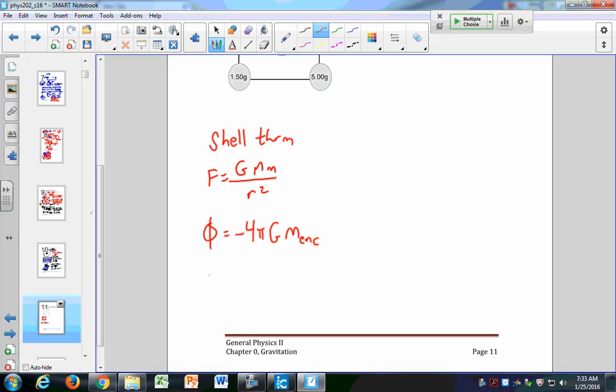We also define this flux, and that flux is equal to our field times the area. We'll talk about this more after chapter 1, because we're going to come back to Gauss's law and treat it a little more rigorously, where we actually consider the dot product of the field and the area vectors.